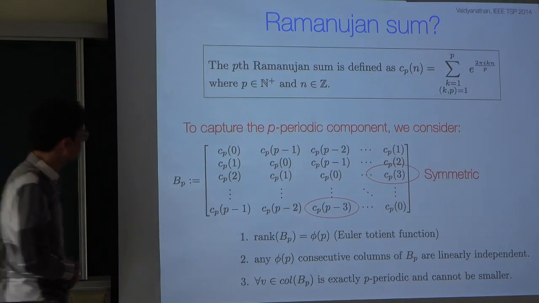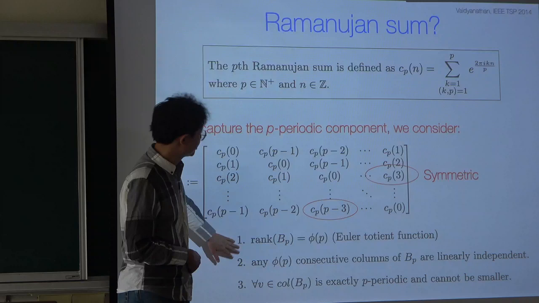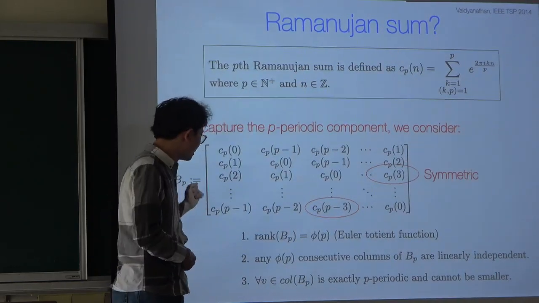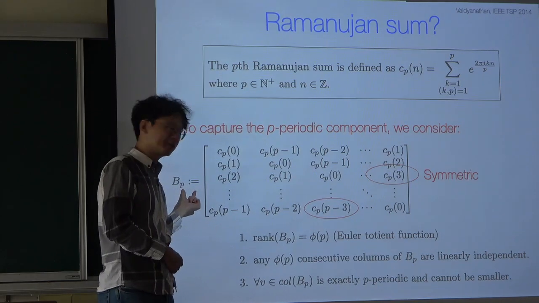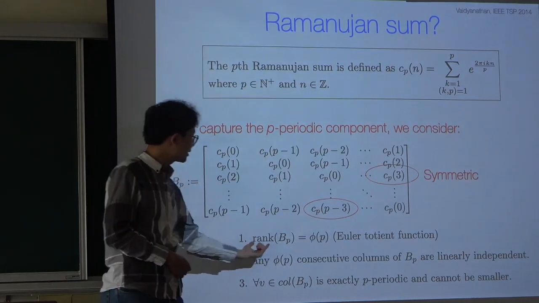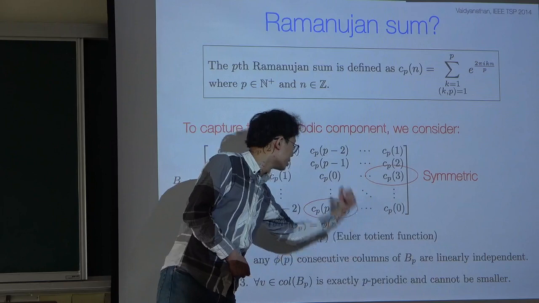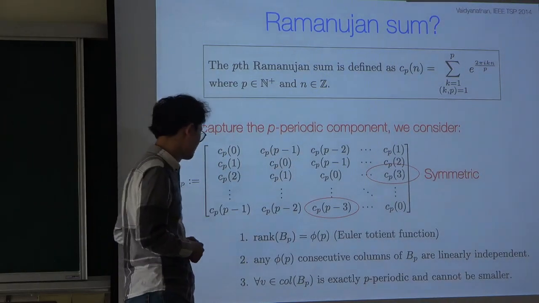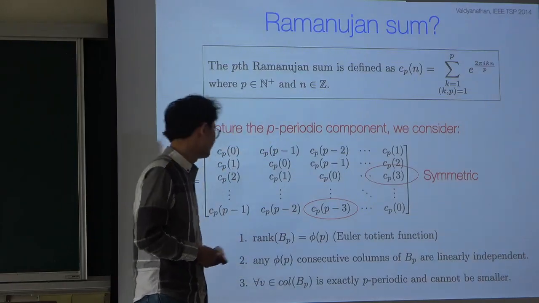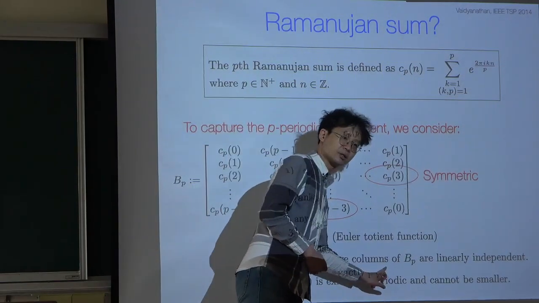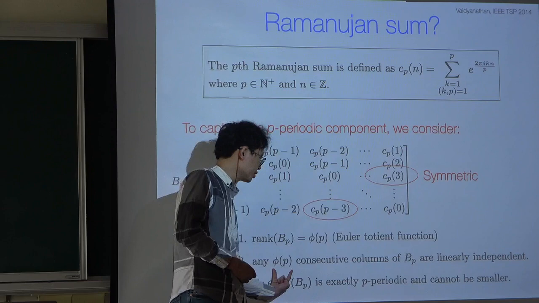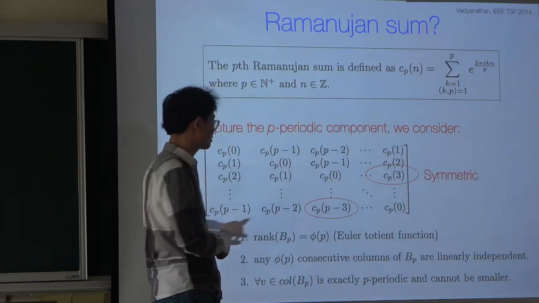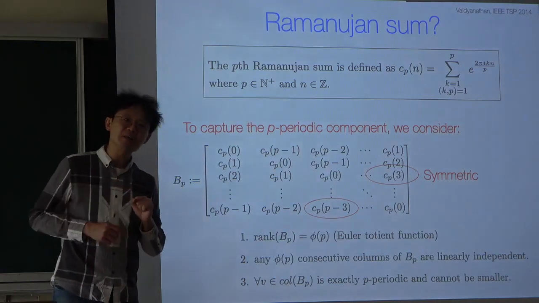And what you can prove, and it is proved in that paper back in 2014, is that the rank of this matrix B_p is actually the Euler totient function, which you can precisely write down. Any phi(p) consecutive columns of this B_p matrix are linearly independent.